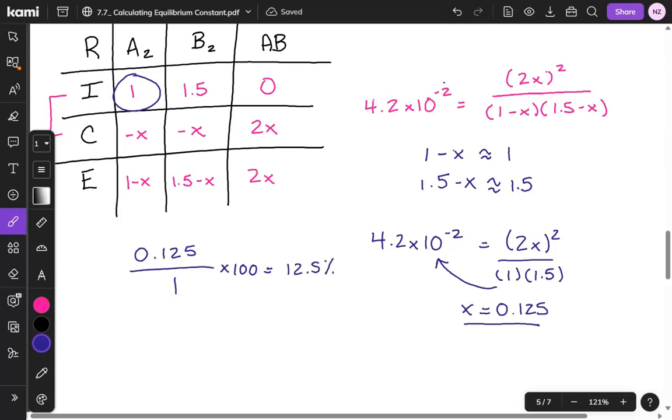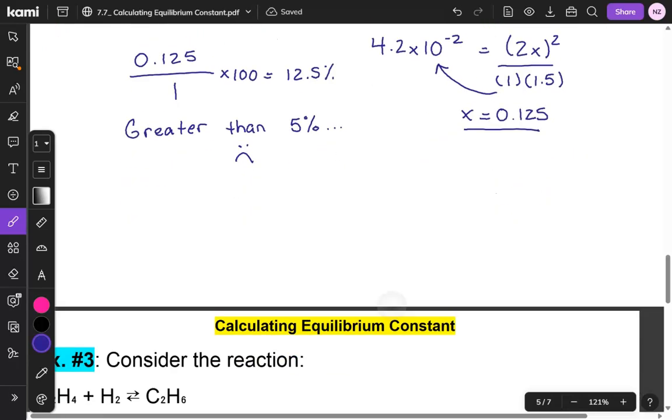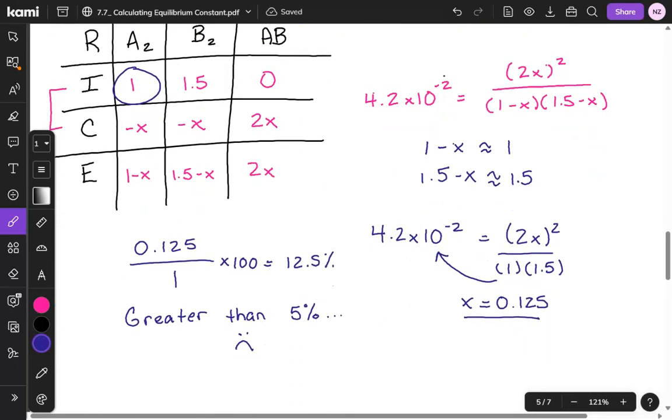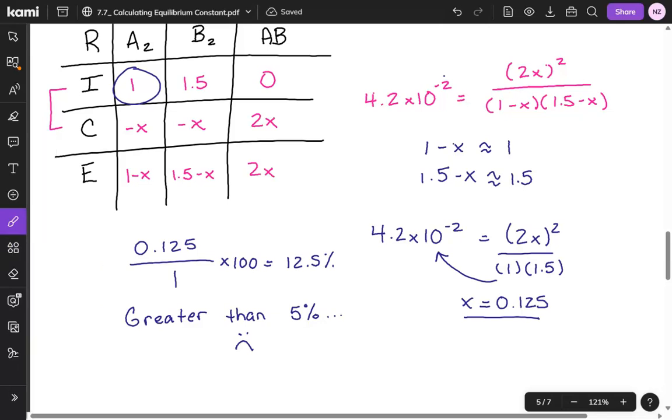So it's 12.5% of our initial concentration. So if it's greater than 5%, then you are in trouble, because then you can't make that assumption and you have to solve this using the quadratic formula, and it's very messy.